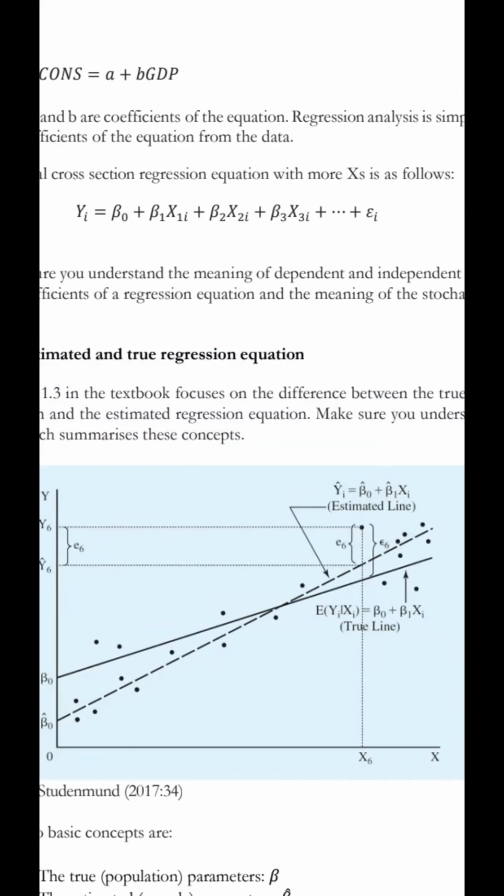You've got different points represented by those dots, and you draw a line that you feel represents all the plots on the Cartesian plane. We call that the line of best fit, and you can draw it by observing those points.